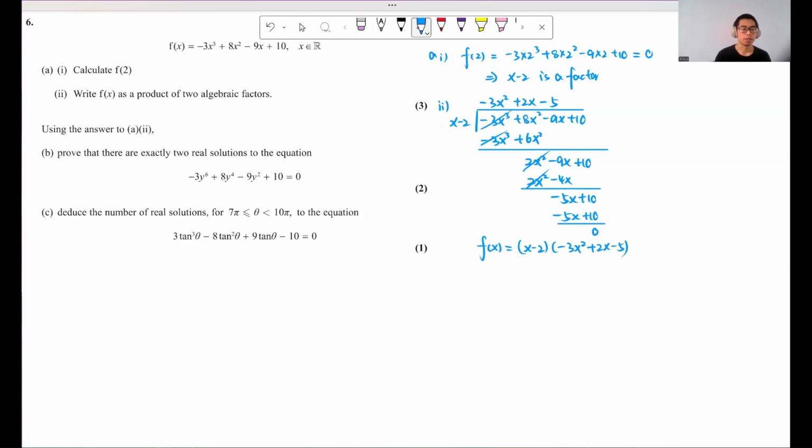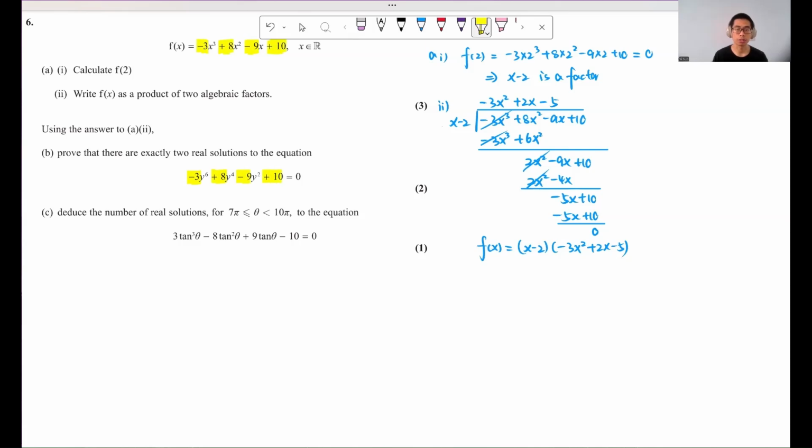Okay, so using the answer to (a)(ii), part B: prove that there are exactly two real solutions to the equation negative 3y to the power 6 plus 8y to the power 4 minus 9y squared plus 10 equal to 0. If we look at those two equations, we have negative 3, 8, negative 9, and plus 10.